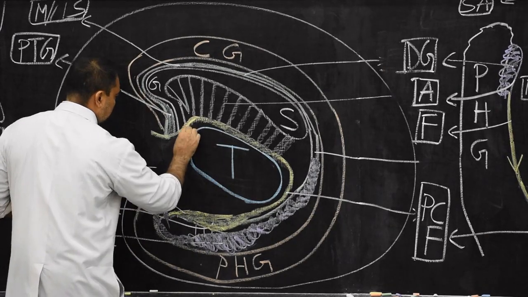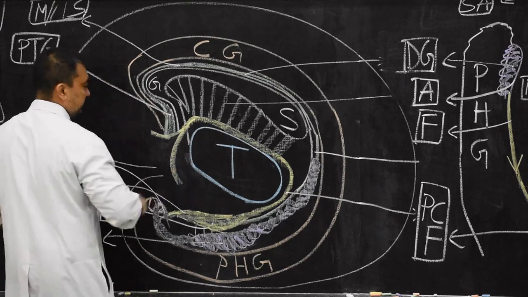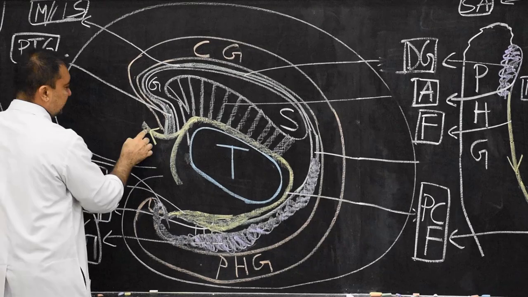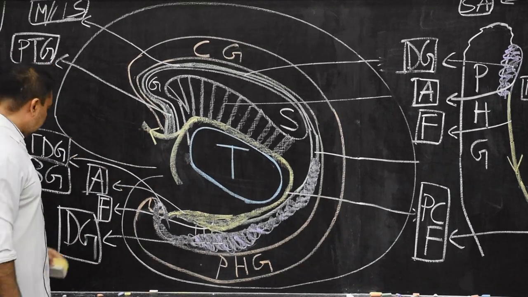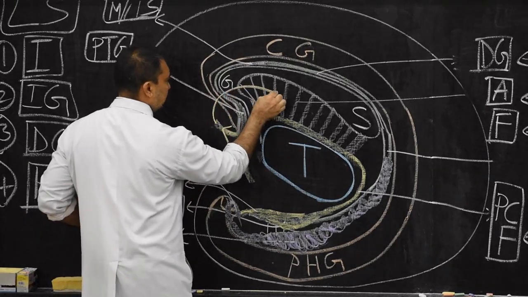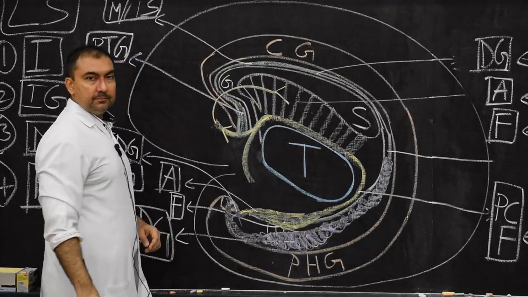So these fibers will be known as precommissural fibers, and these precommissural fibers will pass in the septum pellucidum.